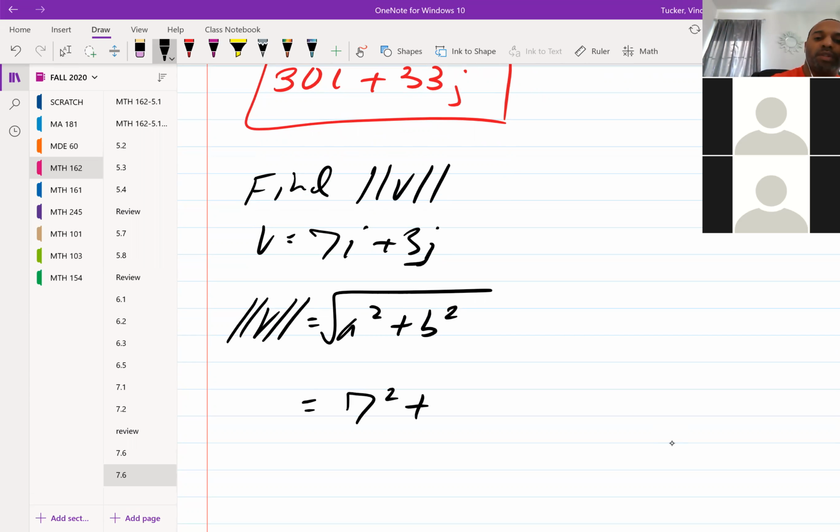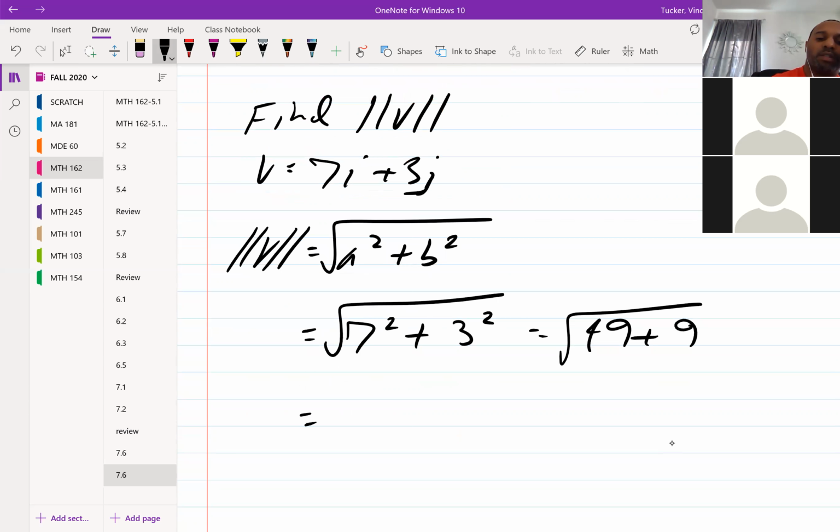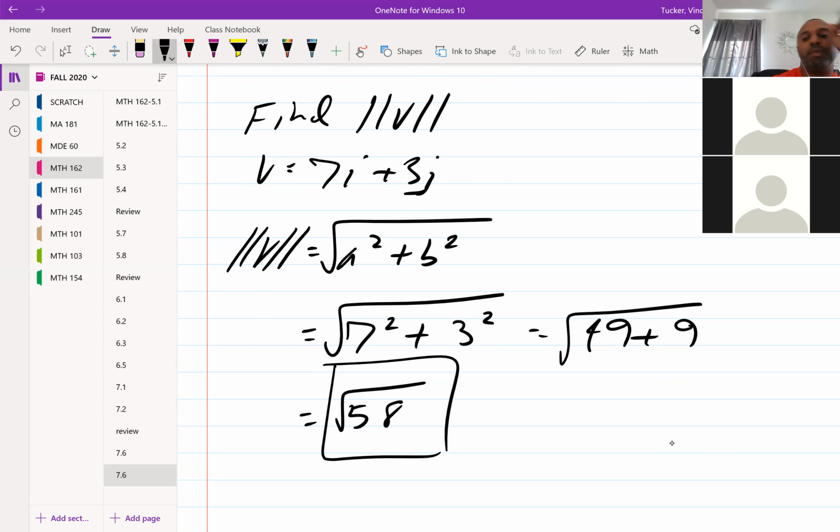So 7 squared plus 3 squared, 49 plus 9, that'll be 58. Can't reduce that any. So that's all that would be.